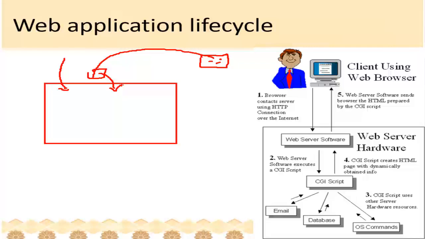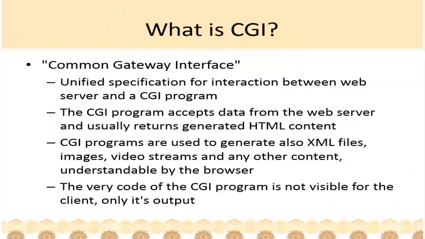CGI scripts take the input from the server. Whatever request is posted by the user, the server gives it to the script. The script executes and sends the output back. So there won't be any monitor or display on the console. Instead, it takes the input from the server, does the processing, and sends it back to the server again. So this is how it works.